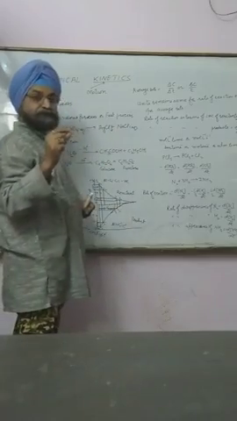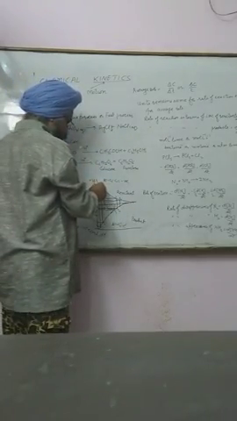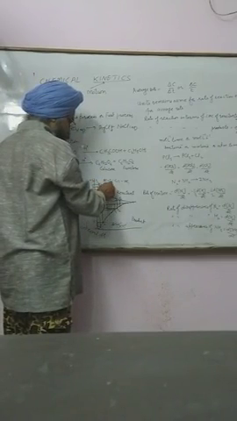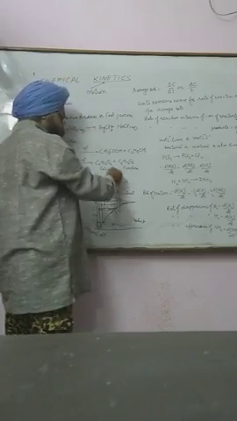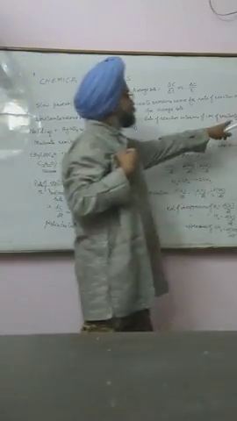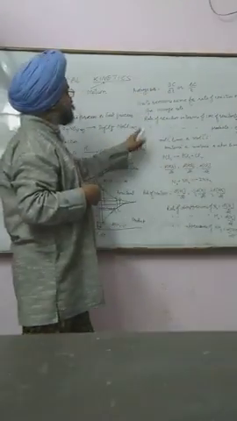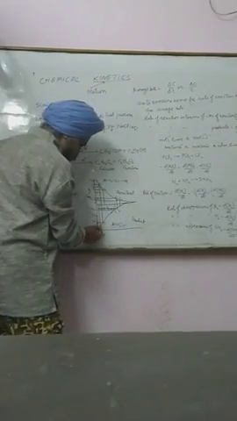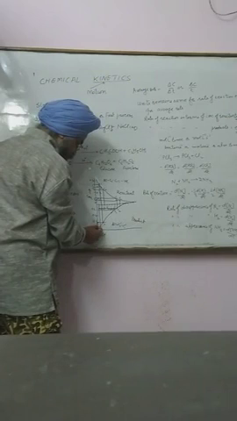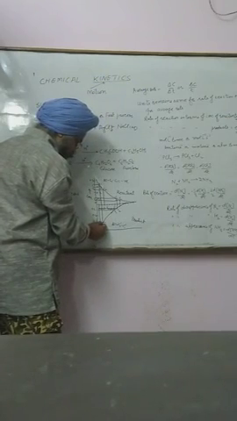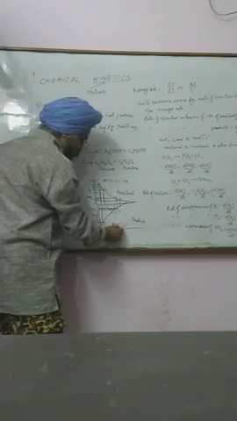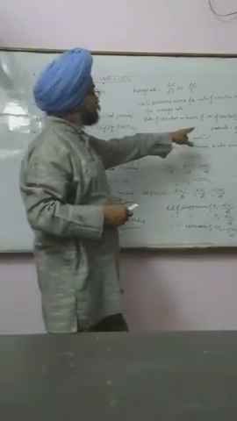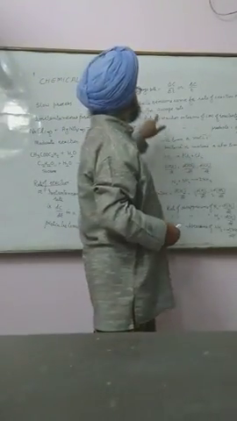Because the concentration of reactant decreases with time, the change in concentration, C2 minus C1, where C2 is smaller than C1, comes out to be negative, and hence the negative sign is used. On the other hand, in case of product, there is no negative sign because here the concentration C2 dash is much higher than C1 dash, and hence the net result comes out to be positive.